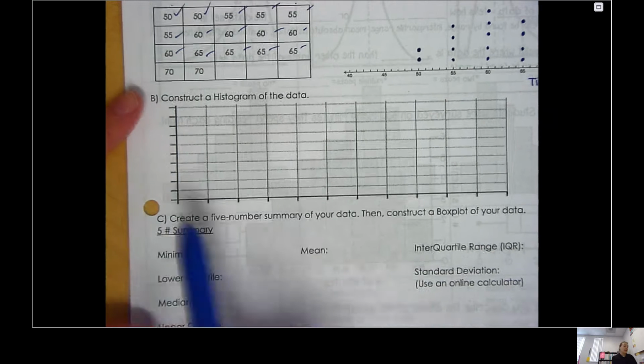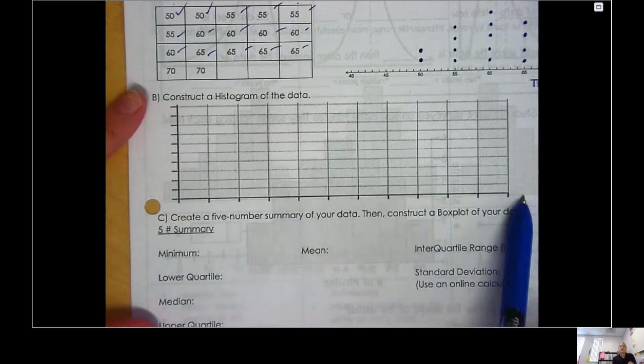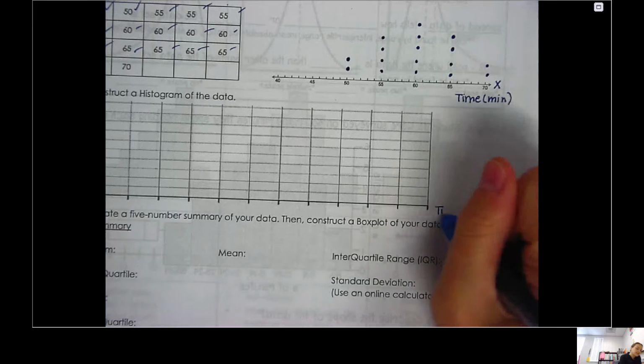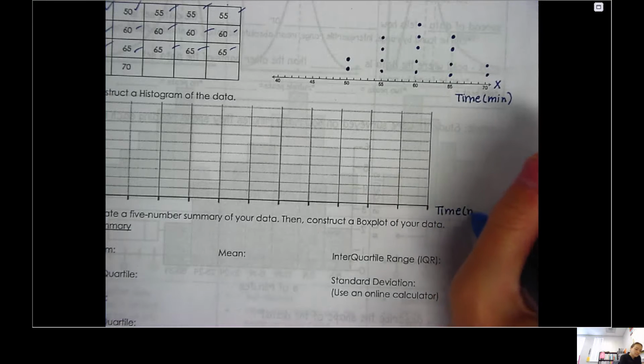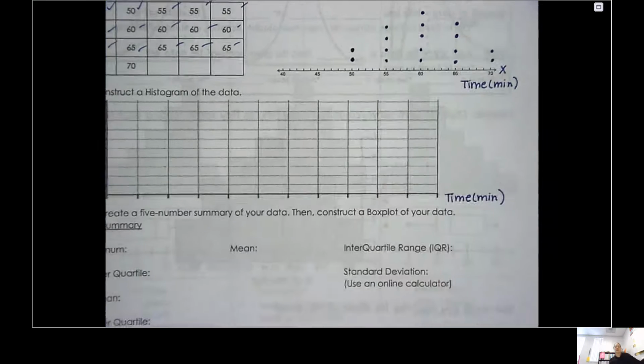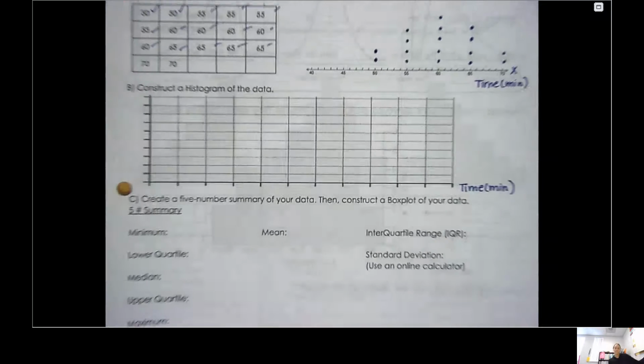On the x-axis, we're still going to put the same thing, our time in minutes. And notice I'm always labeling my axes every time. On the y-axis, the up and down, I'm going to put my frequency, or you can call it the count.